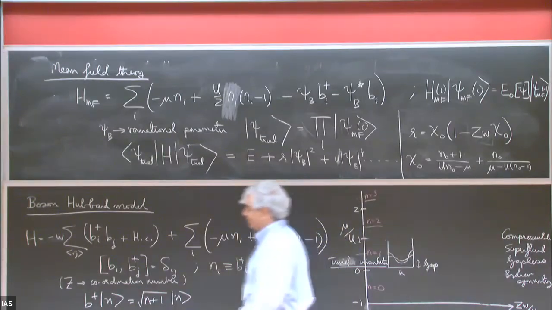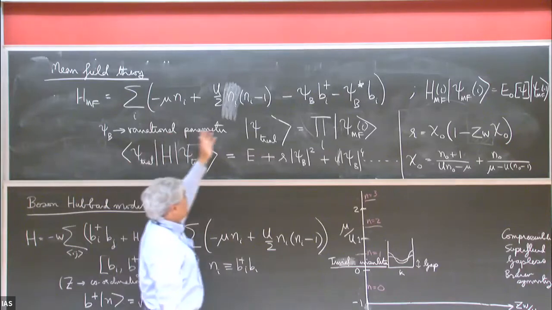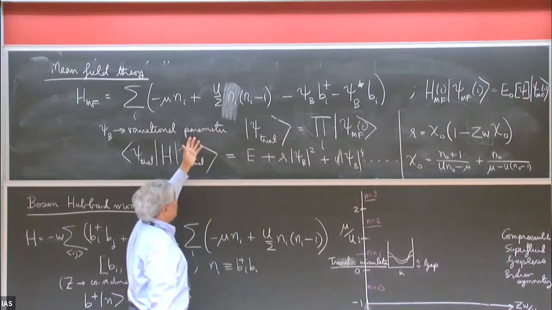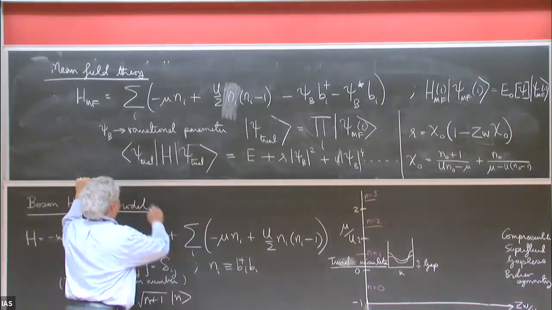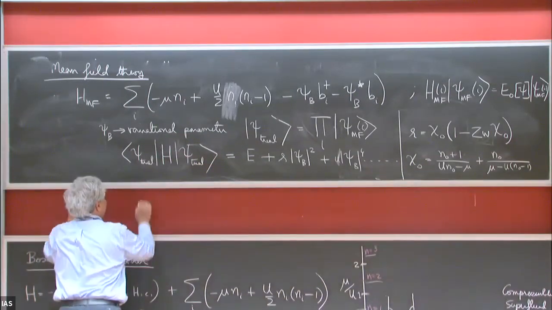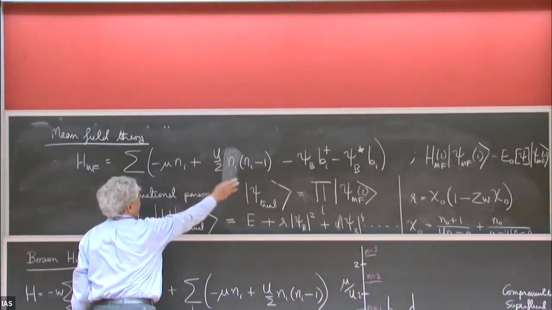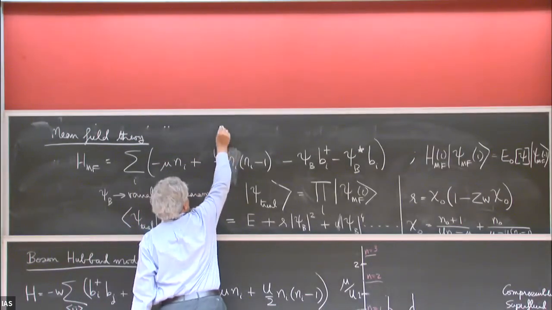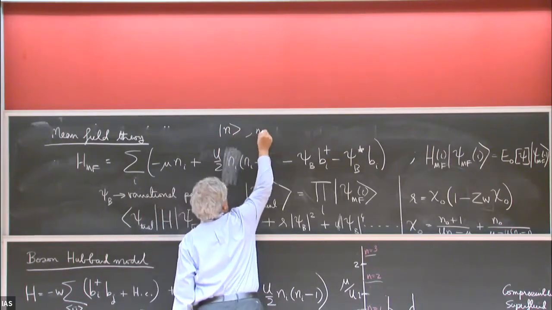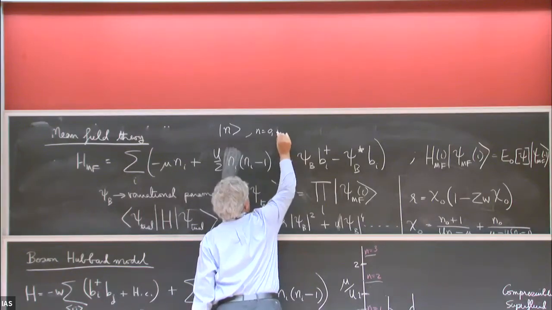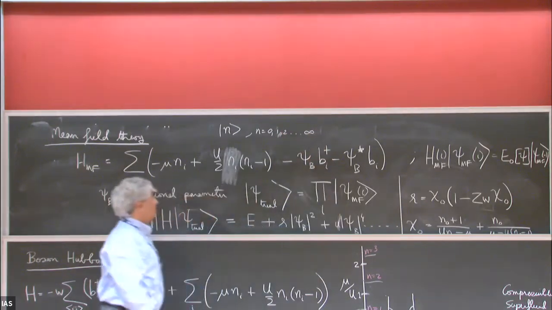Okay, let me say that again. So here's your Hamiltonian. Psi B is just a number. The Hilbert space you're working with for this Hamiltonian is just the states, and you can drop the i. The Hilbert states are just n, where n goes from 0, 1, 2, to n, a non-negative integer.